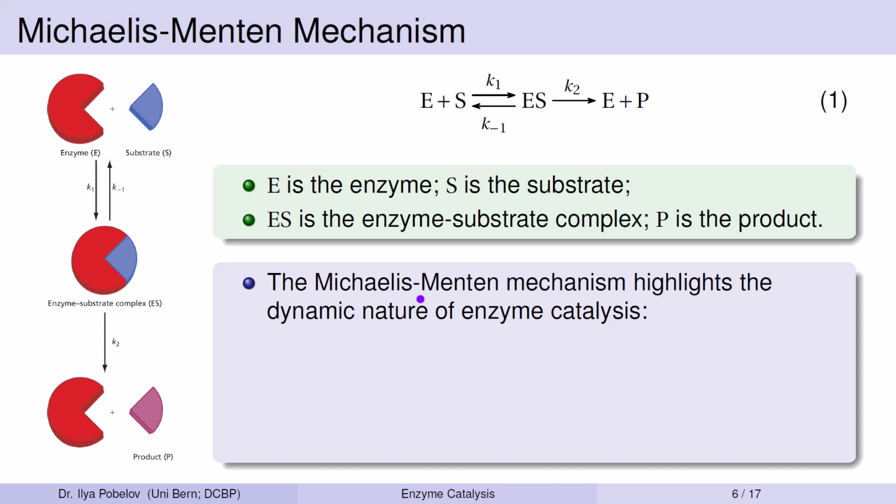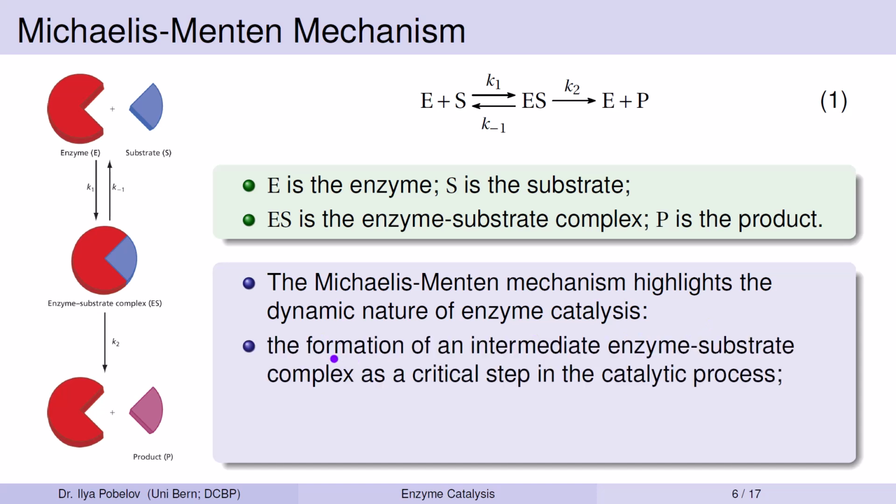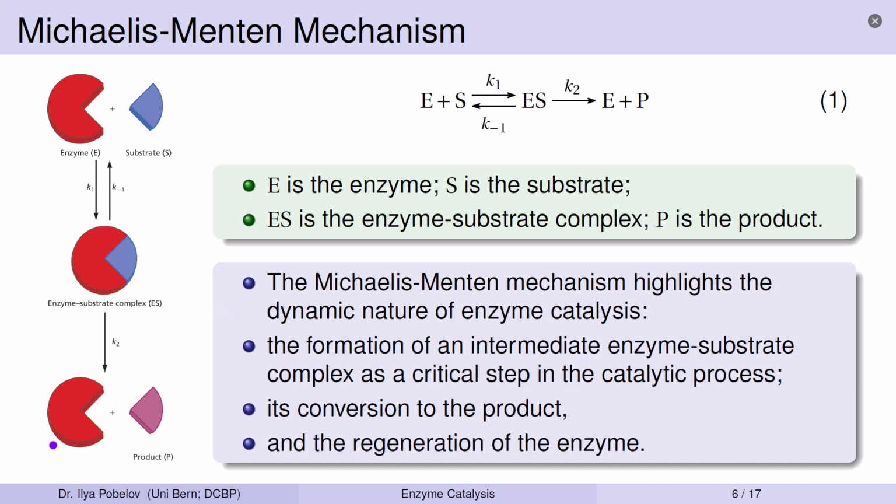The Michaelis-Menten mechanism highlights the dynamic nature of enzyme catalysis. It emphasizes the formation of an enzyme-substrate intermediate complex as a critical step in the catalytic process, followed by its conversion to the product and the regeneration of the enzyme.